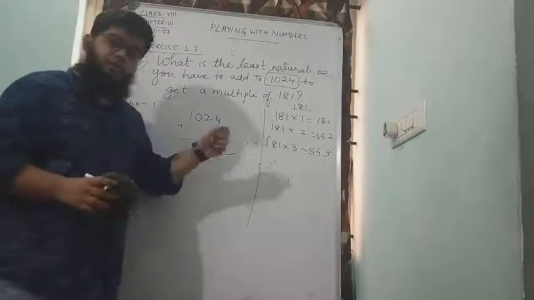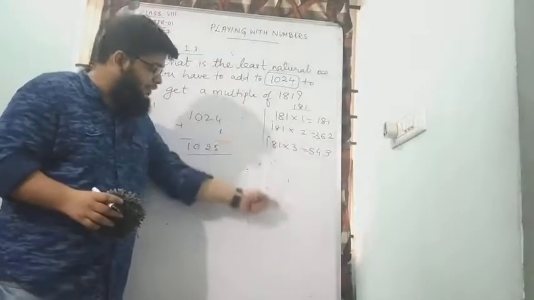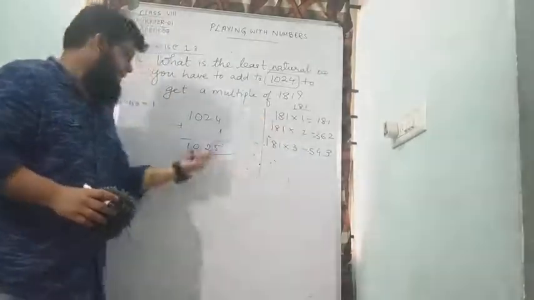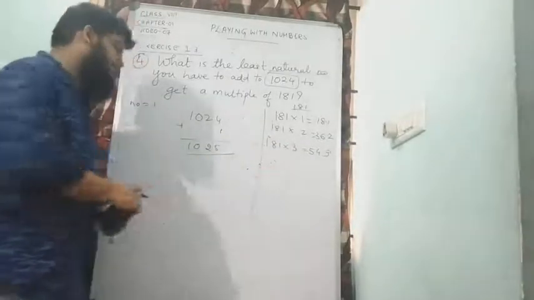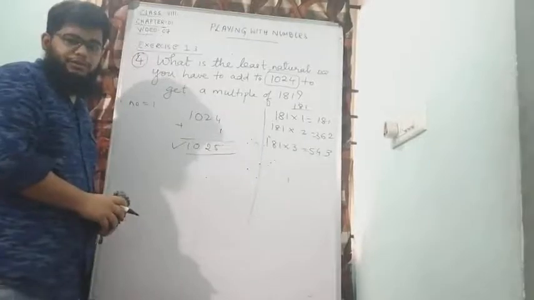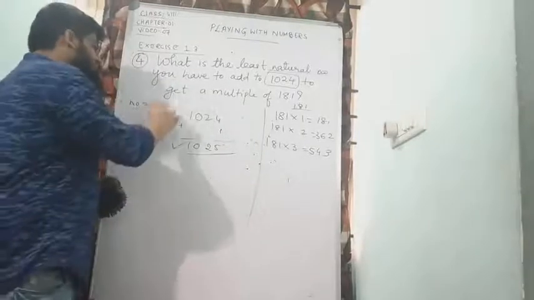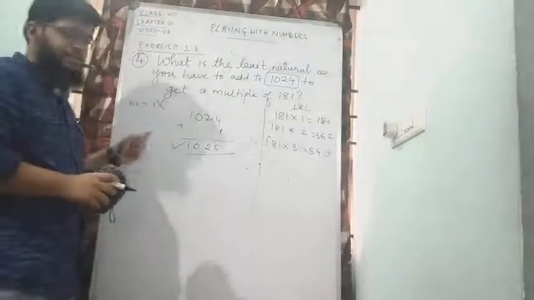Now, try to complete this full table of 181 and check if 1025 will come in the table of 181. If it is coming, that number is 1. But if it is not coming, then this number is wrong. It can't be 1.